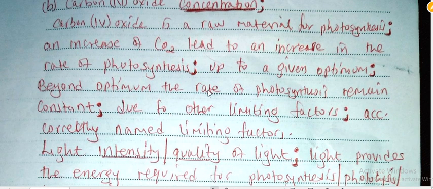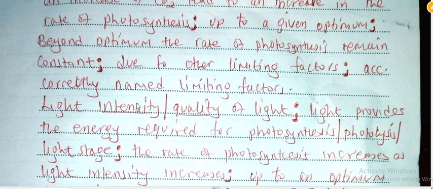Beyond the optimum, the rate of photosynthesis remains constant due to other limiting factors, for example, light intensity, water, or temperature.